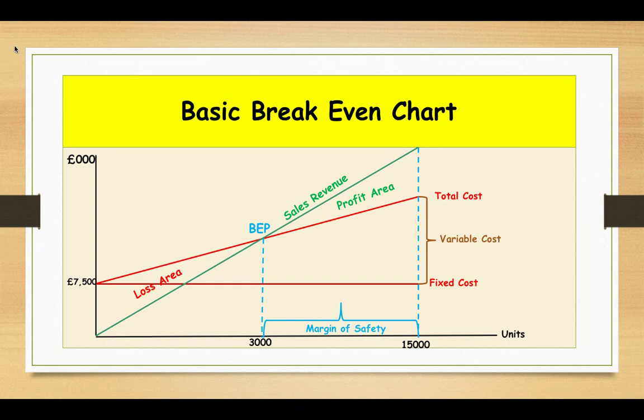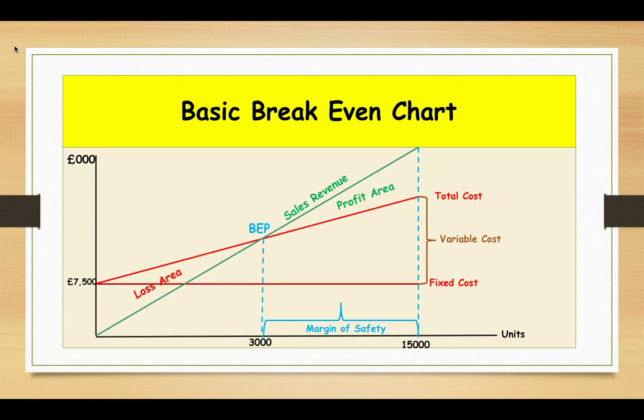So from this graph, if they have asked you what is the total contribution at 15,000 units. Okay, so first we need to calculate the contribution per unit. So if you look at the break-even point in units formula, which is break-even point in units is equal to fixed cost divided by the contribution per unit.